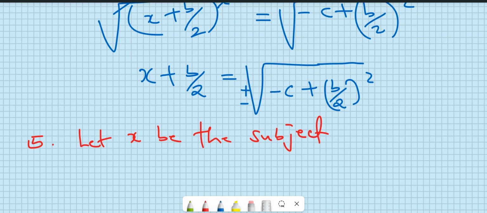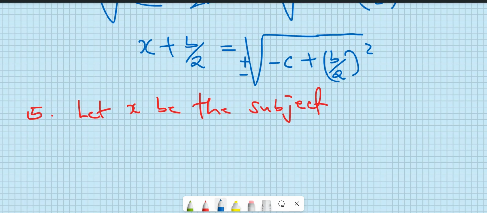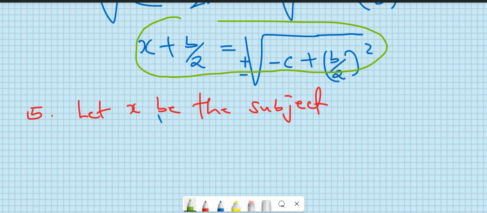So whatever we have here, for us to remain with x alone, we have to take b over 2 to the right hand side.